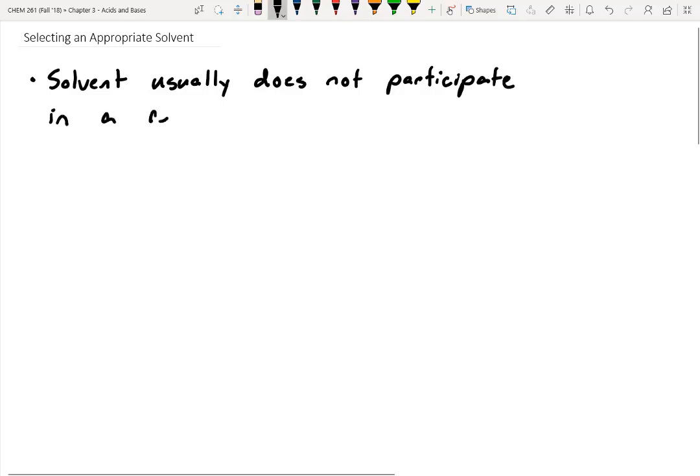On rare occasions it does, but what I mean by this is normally we're not going to be making and breaking bonds with our solvent, right? The solvent's just there. That just means that the solvent is the reaction medium.